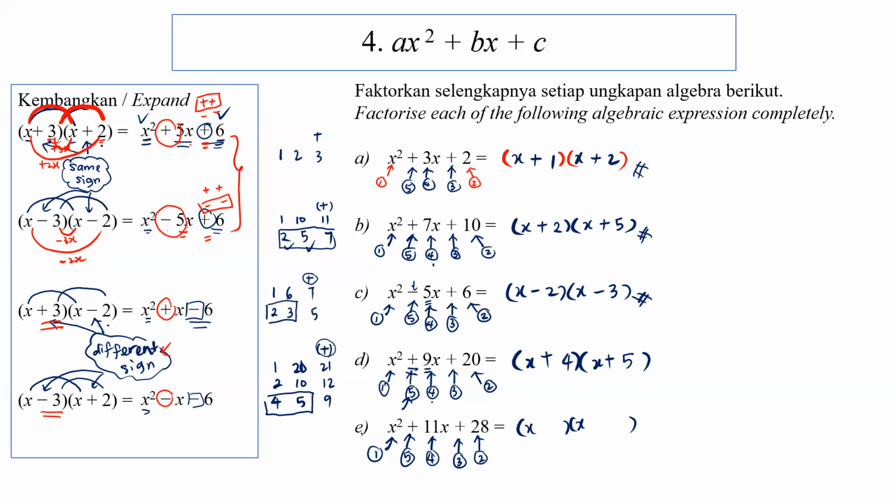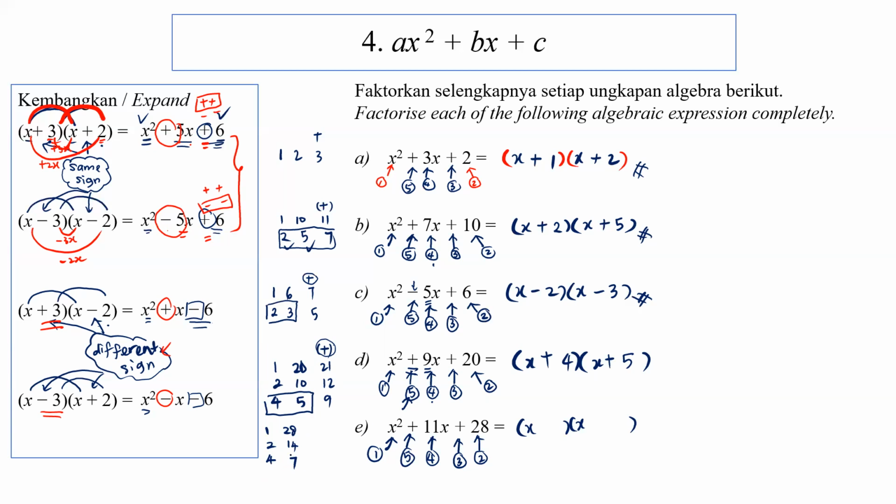To get 28, let's list out the factors. 1 times 28, 2 times 14, 3, 4 times 7, 5, no, 6, don't have. That's all. We got 3 pairs of factors.